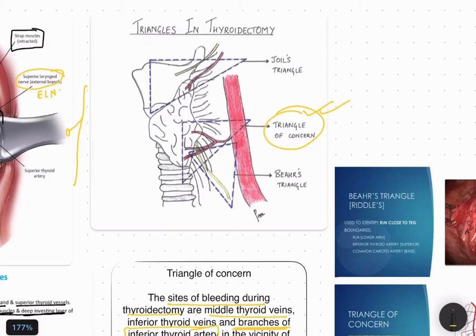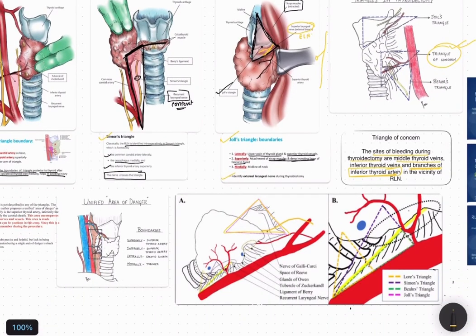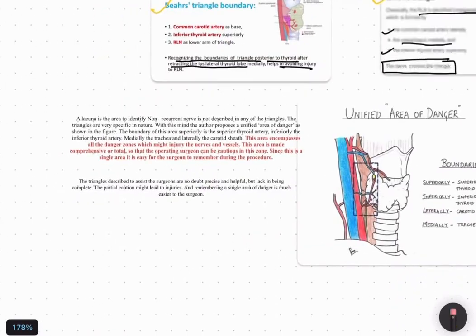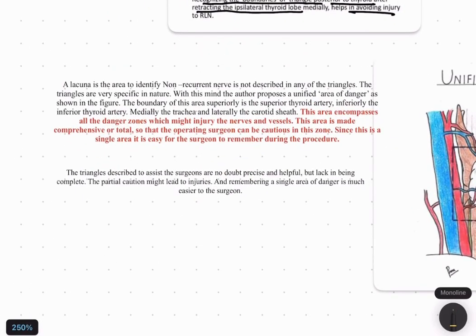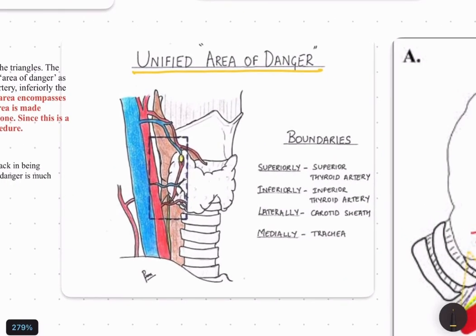Now, as you can see, there are lots of triangles which we need to remember when we are proceeding for thyroidectomy operations. So recently, to overcome this problem, what is there is known as the unified area of danger. What is this unified area of danger? You can see this is very simple. Superiorly, it is bounded by the superior thyroid artery.